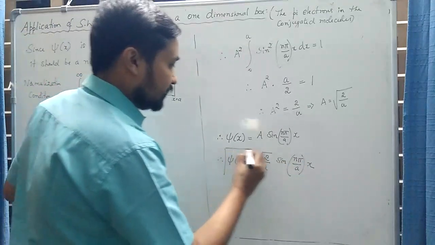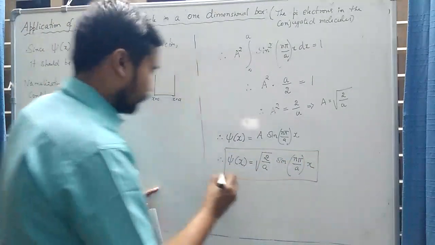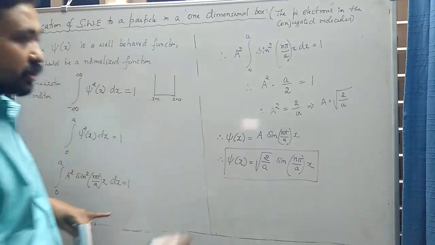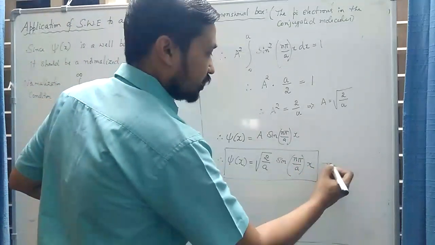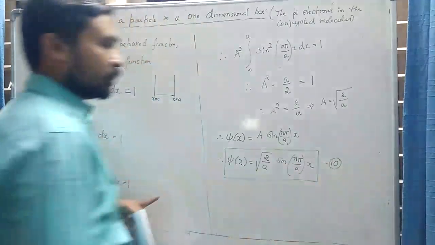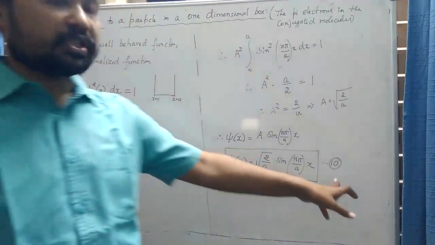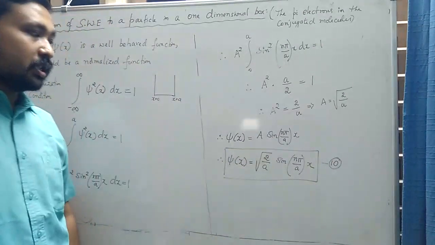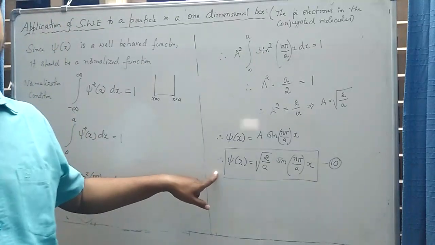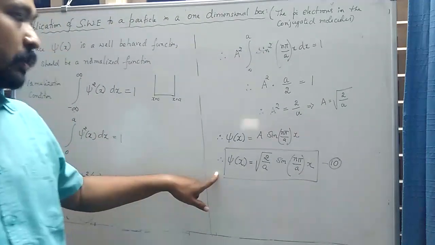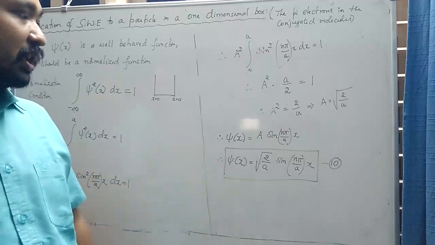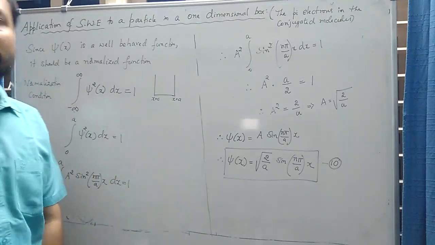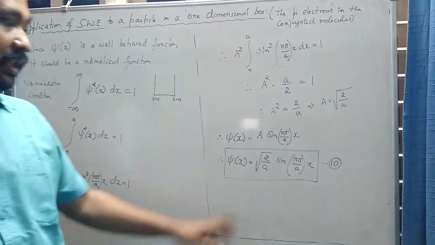So this is the expression, I don't remember the number, maybe equation number 10. If I have made a mistake in numbering, please correct it. Equation number 10 is the expression for the wave function of a particle of mass m trapped in a one-dimensional box of length a.